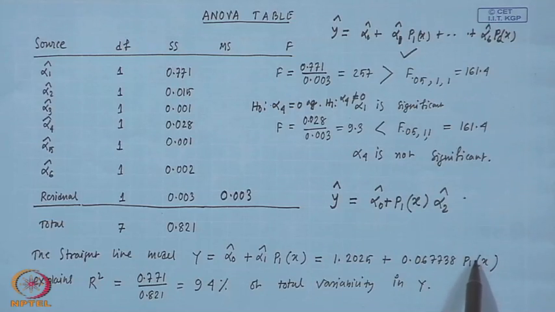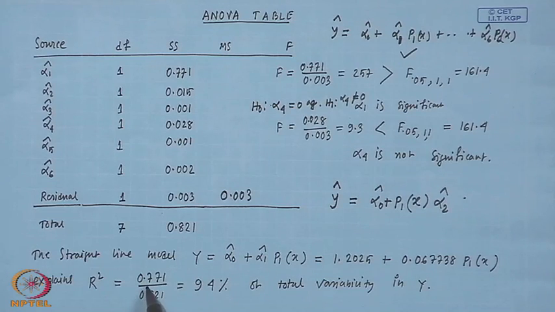And now, to double check whether this fit is good or not, you can compute the R square parameter, the coefficient of determination. This is nothing but SS regression by SS total.